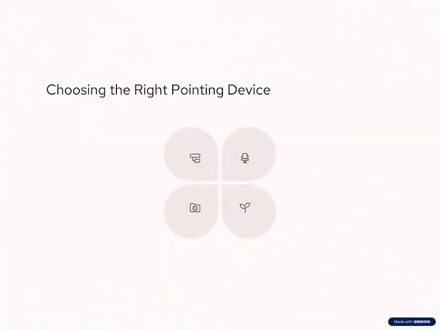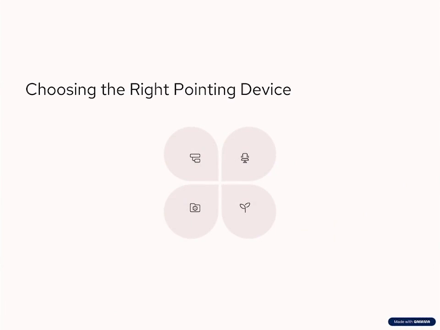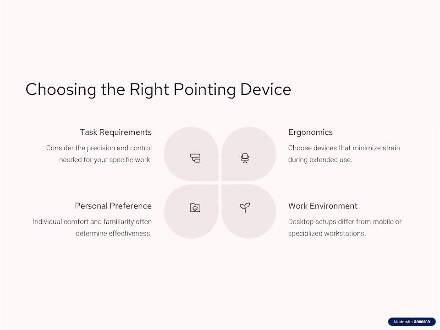That being said, we have the factors that we consider when choosing the right pointing device. We choose depending on the task requirement. Consider the precision and control needed for your specific work. We also choose based on ergonomics.